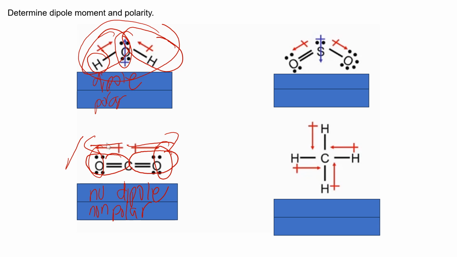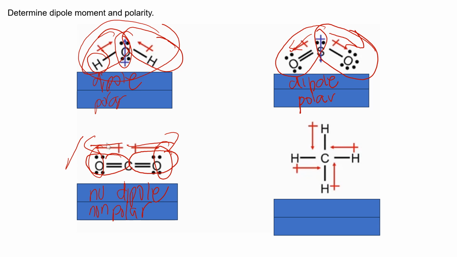And here in our third example, for sulfur dioxide, looking at its structure, this is a polar molecule again. Polar meaning it has a dipole moment. This is a polar bond, and this is another polar bond. However, the polar bonds do not cancel the dipoles out.